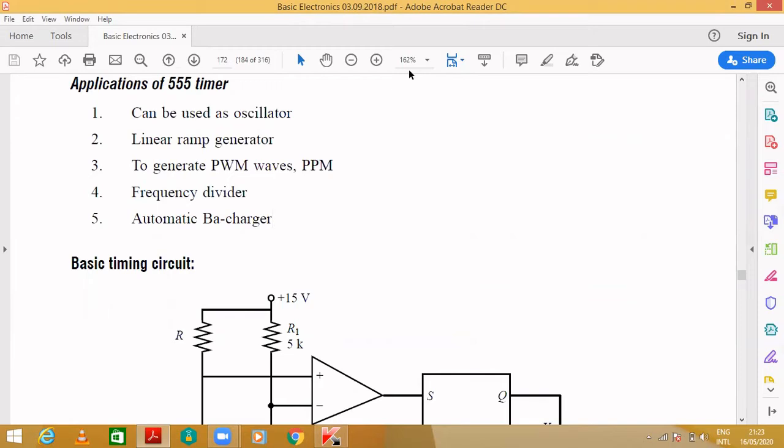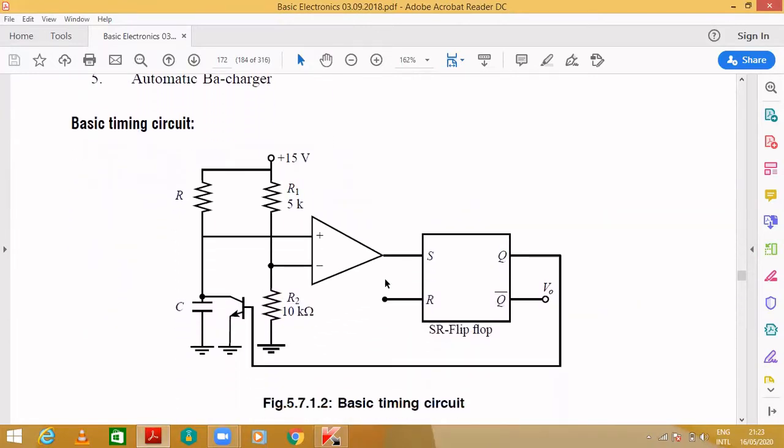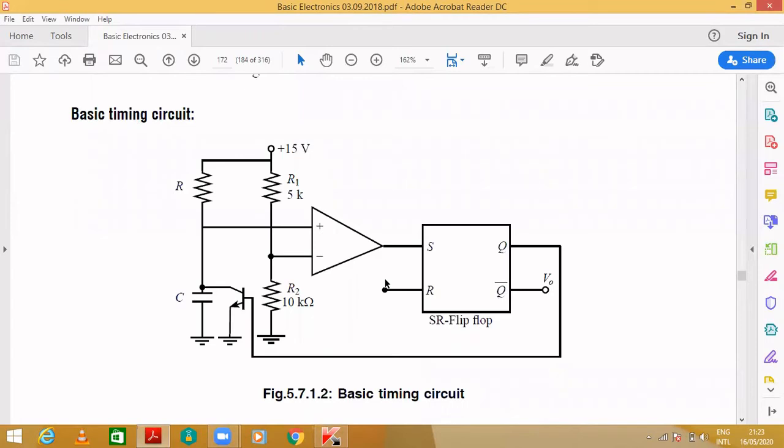Next, before going to the astable multivibrator, let's know about the basic timing circuit. Why do we have to study this basic timing circuit? I mentioned there are two modes of operation for 555. Which are those two? One is astable, isn't it?